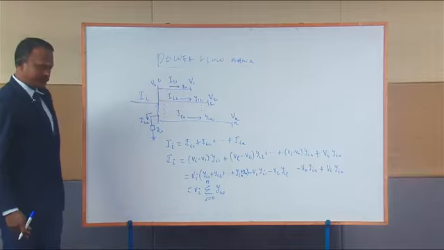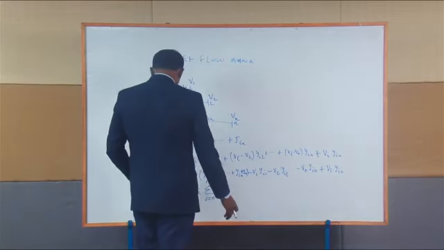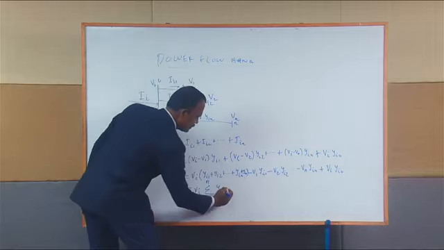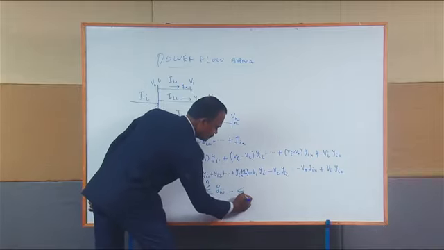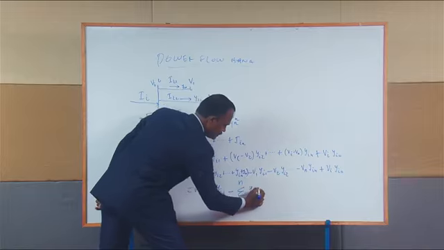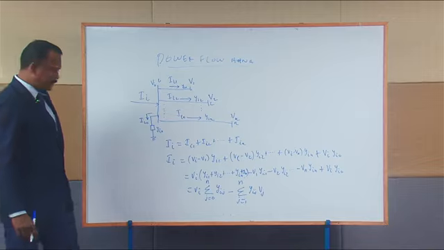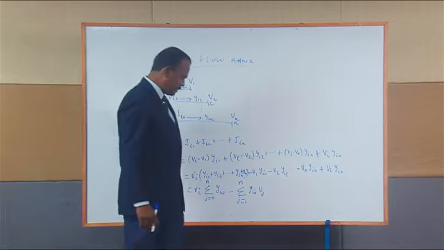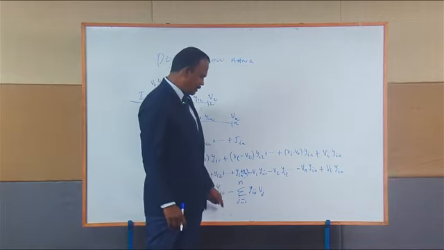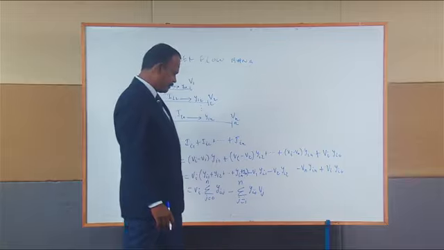So this term represents the summation series, and similarly the second term I can write as minus sigma j equal to 1 to n of yij into Vj. When j runs from 1 to n, when j is equal to 1, I get the first term yi1 into V1.